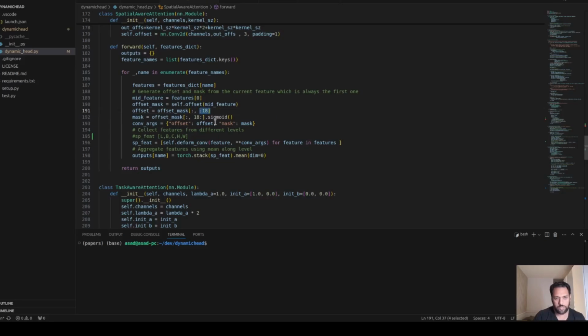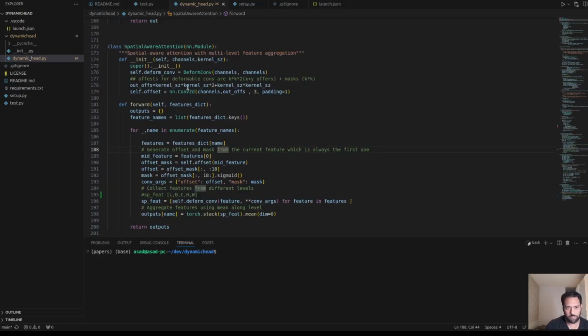And I can also explain a little bit why it is 18, and I've actually written it here. For the 3x3 convolution which we are using, the number of offsets will be 3x3 is 9 multiplied by 2, because for each of the 9 positions we have 2 offsets across x and y for 2D convolutions, right? So we will have 18 offsets, and then we will have 9 masks, and each of these offsets can be turned on and off, and that's why we have these masks.